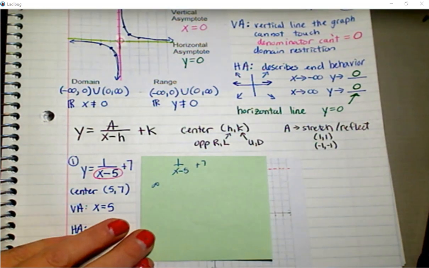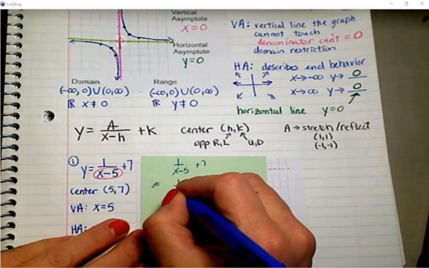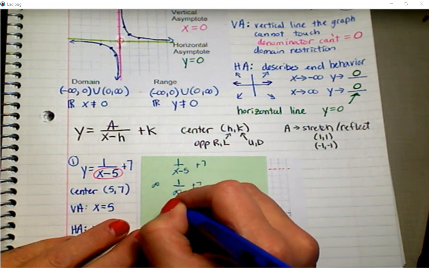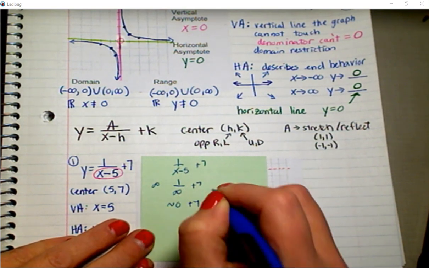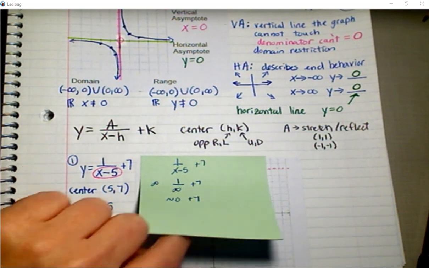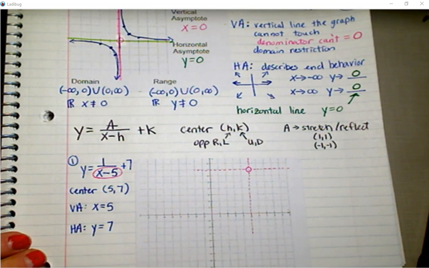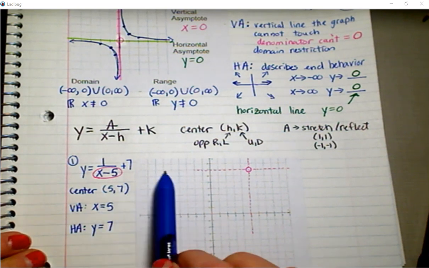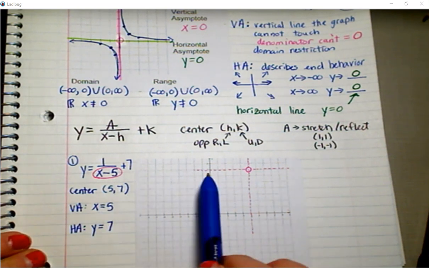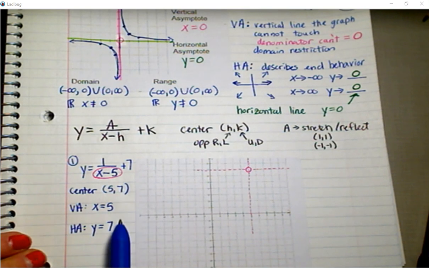If I think about plugging in infinity, I get basically 0 plus 7, which is 7. The asymptote goes through the center, so 7 is that horizontal asymptote.